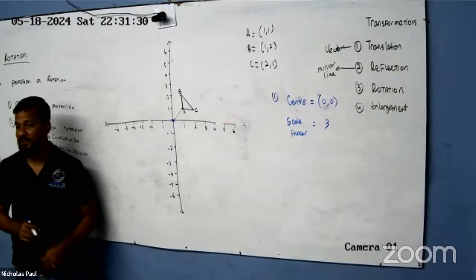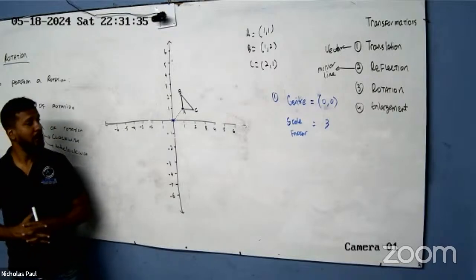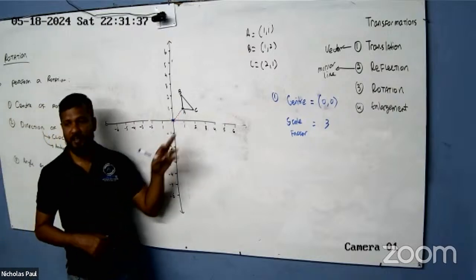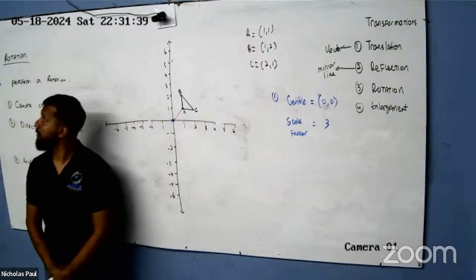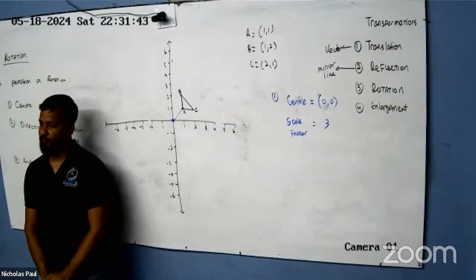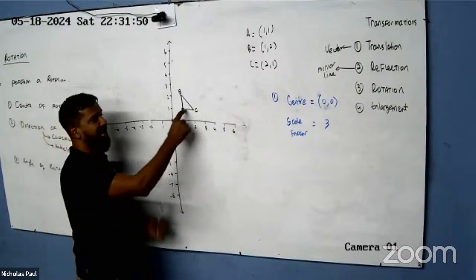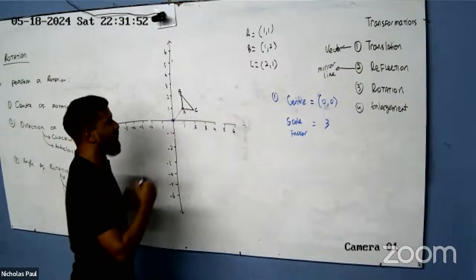Here's the way to be exact. From the center, measure its length. And then multiply by 3. So measure the length of the line and then multiply it by 3.